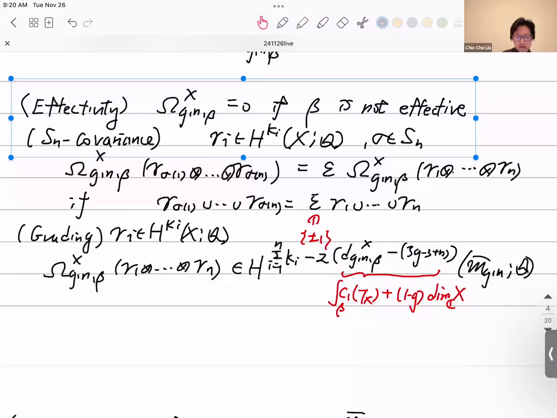The sign is exactly given by permuting the order of the gamma i in the cup product in the cohomology ring of the target X. And then the grading axiom comes from, yeah, we have seen the degree of the virtual push forward.